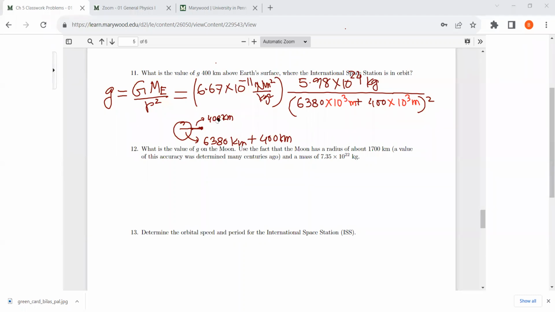If you plug this equation into your calculator, it should give you this value. So you see that in the space station, which is 400 kilometers from the surface of Earth, the acceleration is lower than 9.80.